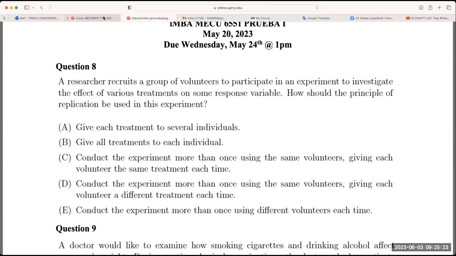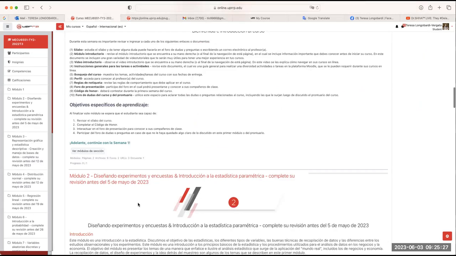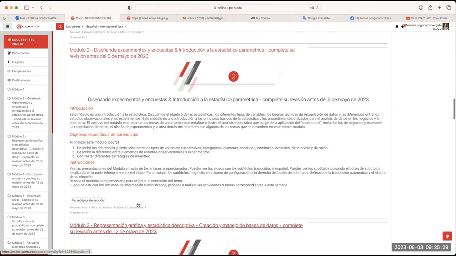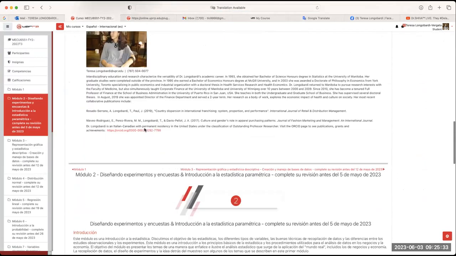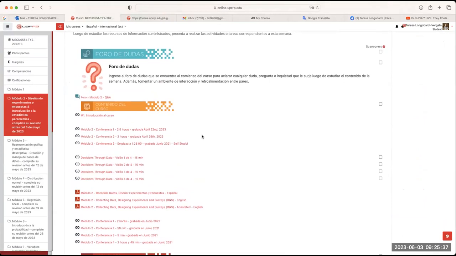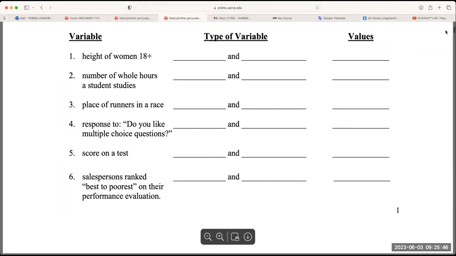Let me see if I can go back to the notes. So replication.